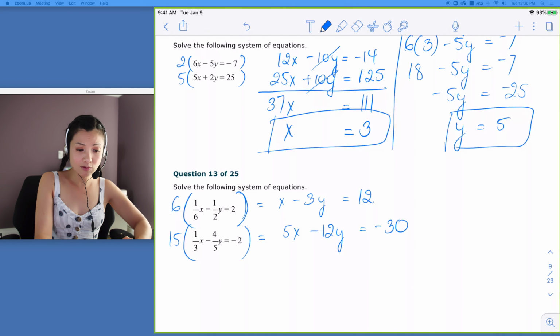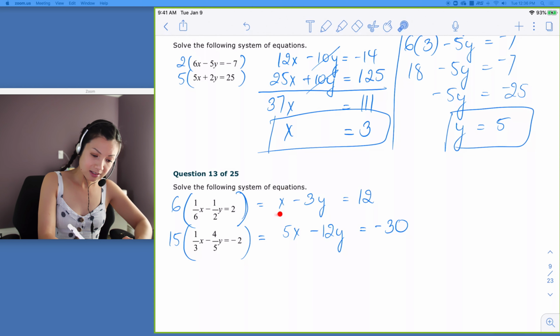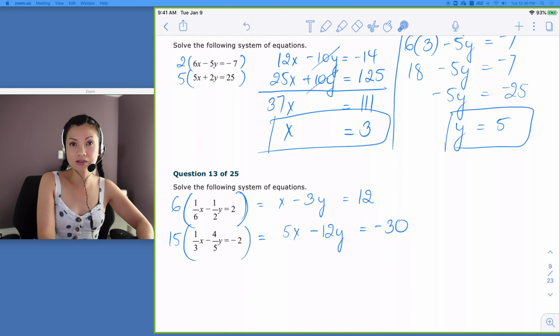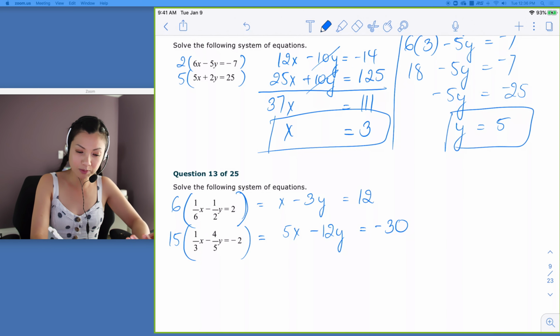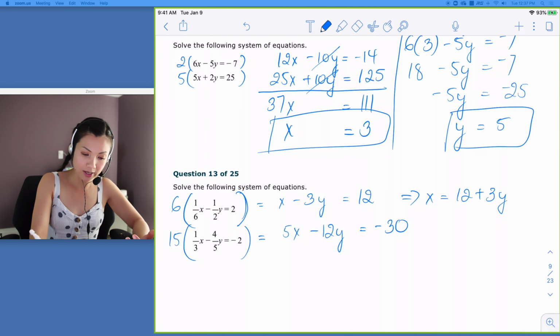Okay, you can see right here, x has just 1 for the coefficient. So this one right here, I would just use substitution. If you want to use elimination, you multiply and create the opposite. But I'm gonna try substitution because I believe it's easier. So x is 12 plus 3y.